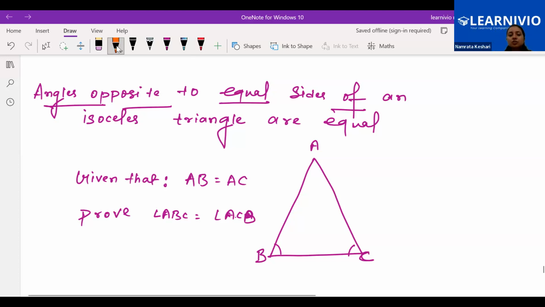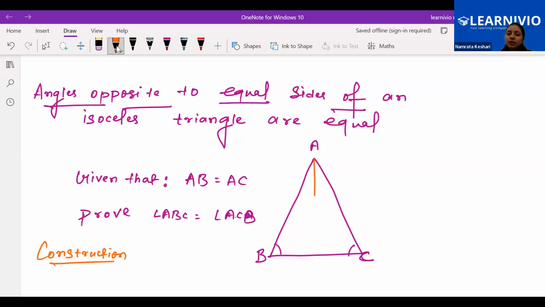Let's do one construction. Here we will do one construction because we know that doing construction is already allowed. If we want to construct anything that will help us proving a certain angle same, side same, or whatever, we are free to go ahead and do the construction.